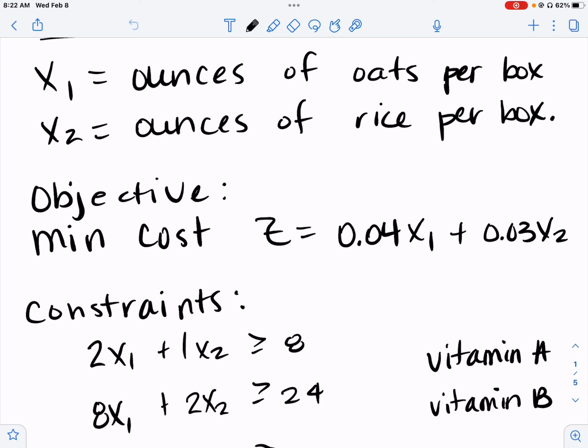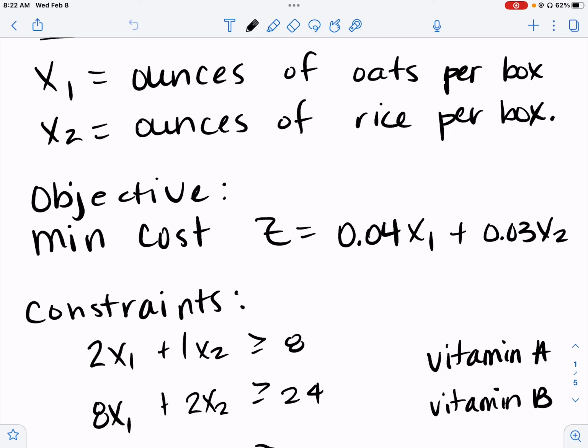Oats, x1, cost 4 cents per ounce, and rice costs 3 cents per ounce. So our cost equation would be 0.04 times the number of ounces of oats plus 0.03 times the number of ounces of rice.